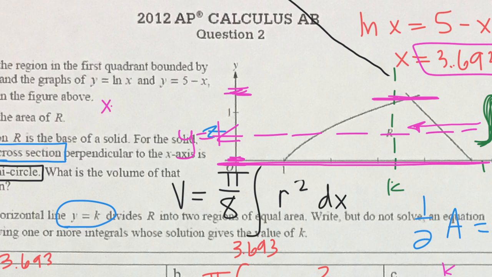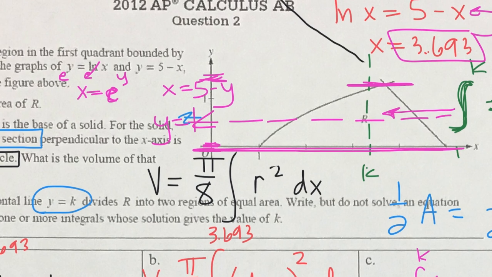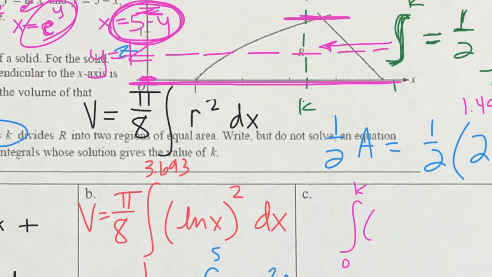So that means that x equals e to the y, right? That's how we solve this one. We exponentiate both sides. And then x equals 5 minus y. Okay, so going from right to left, it's the 5 minus y equation minus the e to the y equation.